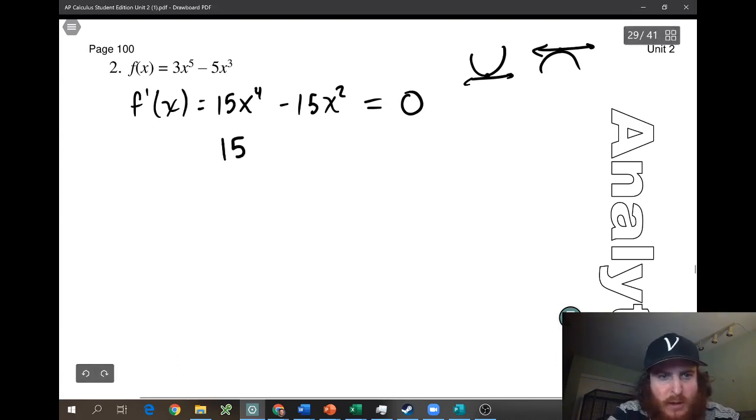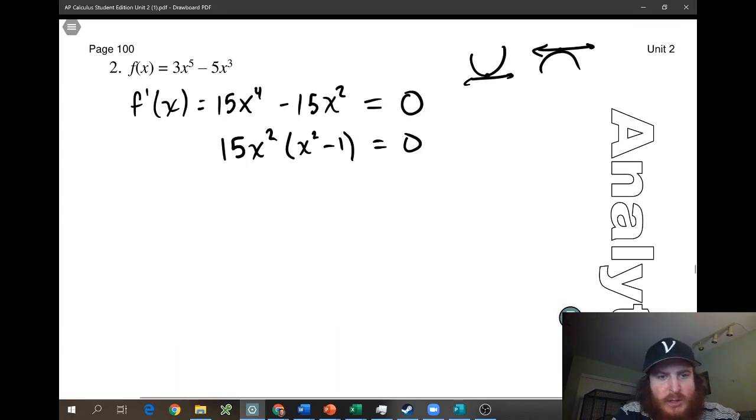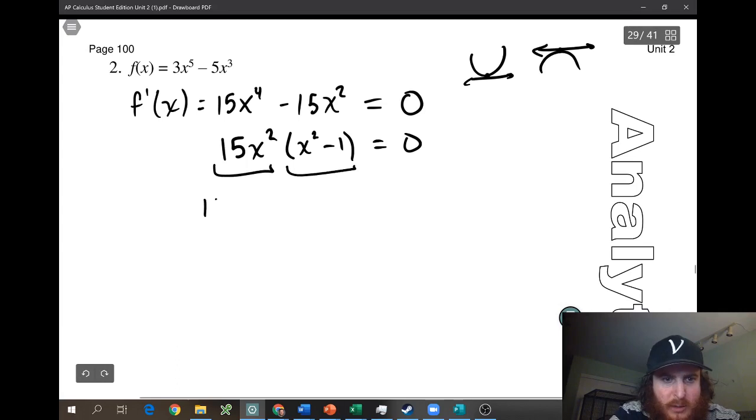So we can solve by factoring out a 15x squared, and that gives us x squared minus 1 is equal to 0. Now, when you're solving this, some of you might be able to do this in your head, but I like to think either one of these could be equal to 0. So I write 15x squared could equal 0, or x squared minus 1 is equal to 0.